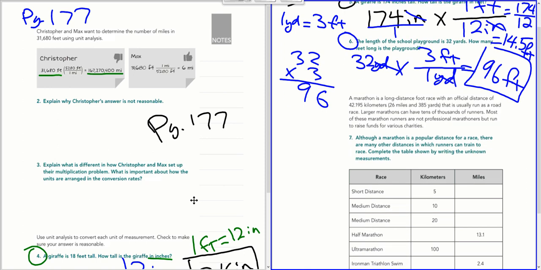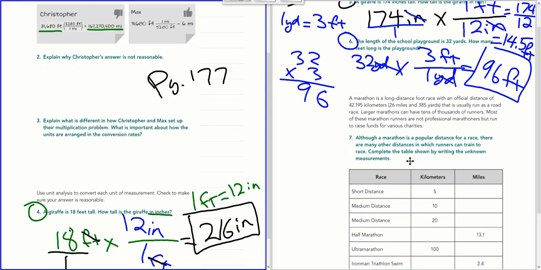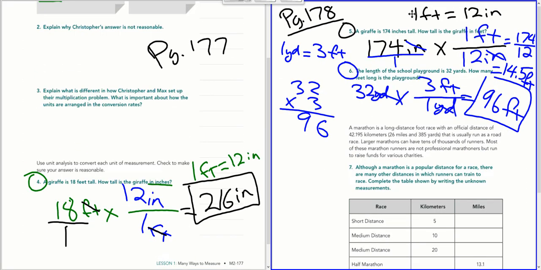Now, over here on question 5, it's similar. They have a giraffe that is 174 inches tall. So we're going to write that down, 174 inches, and then I'm going to multiply it by a form of 1. This time, I'm going to put inches on the bottom. See how it's different than this? Here I put feet on the bottom, here I put inches. The reason is we're starting in inches, and we want to go to feet. So I'm putting the inches across from each other at a diagonal, and I'm going to multiply across the top. 174 times 1 is 174. 1 times 12 is 12.